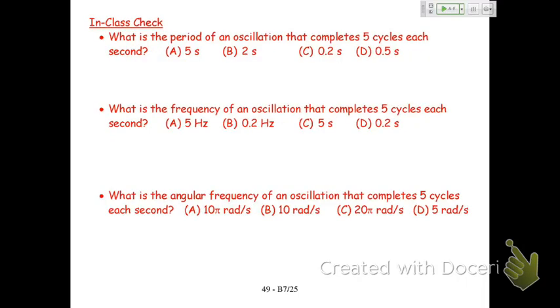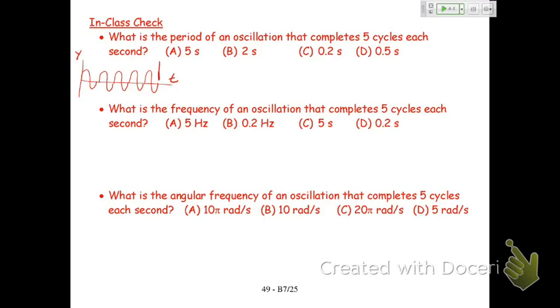Let's do some. What is the period of an oscillation that completes 5 cycles each second? So, all right, what am I doing? I'm thinking it's an oscillation. I'm going to do time versus Y position. And I'm going to have 1 oscillation, 2 oscillations, 3 oscillations, 4 oscillations, 5 oscillations.